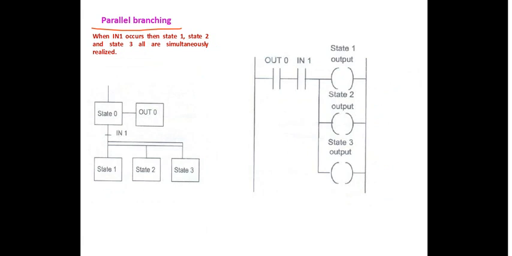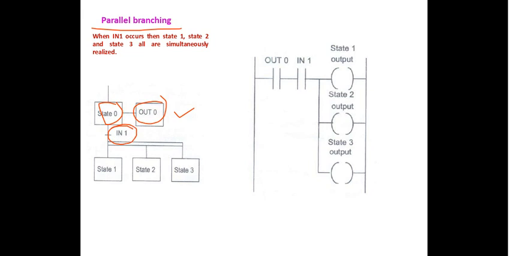Of course, it is from the previous output state. You can see the corresponding ladder diagram here. Out 0, and again in a similar way you can have one more rung added here. So this is my IN0 and this happens to be my out 0.